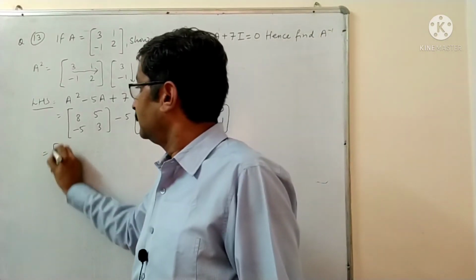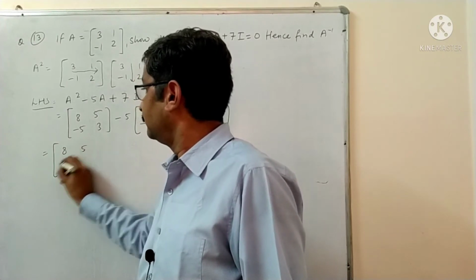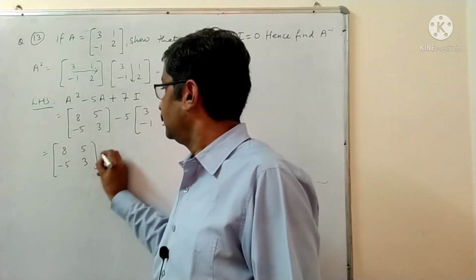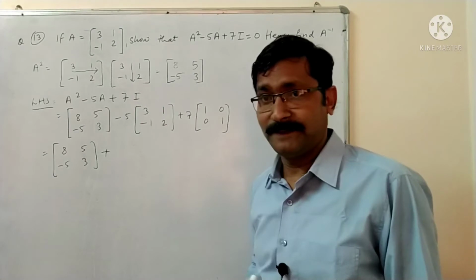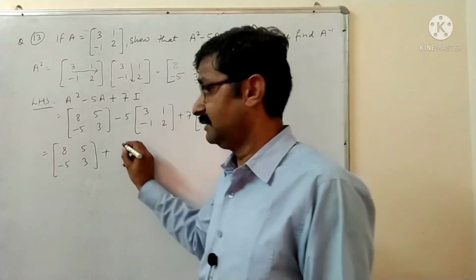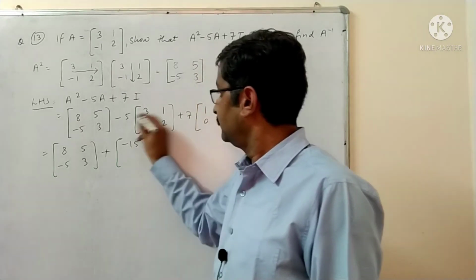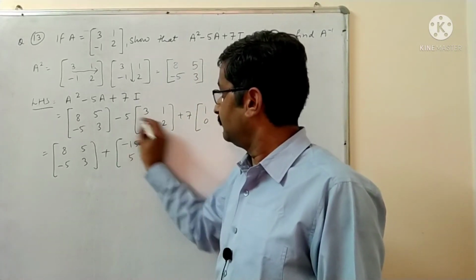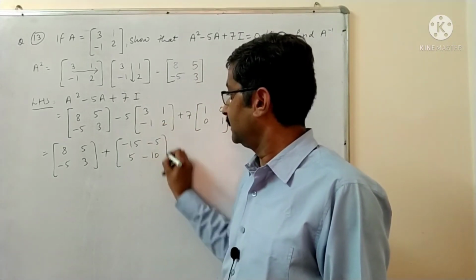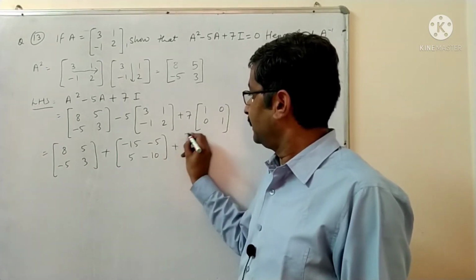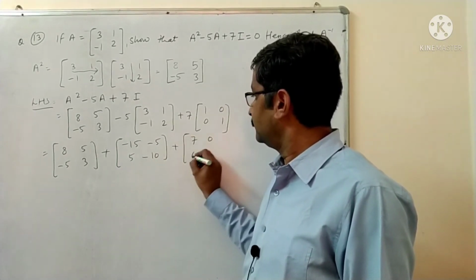Now look here. We write 8, 5, minus 5 and 3 as it is. This you multiply by minus 5. So all the elements we have to multiply by minus 5. So we get minus 15, minus 5, and 5, and minus 10. Okay. And here we multiply by 7. So 7, 0, 0 and 7.